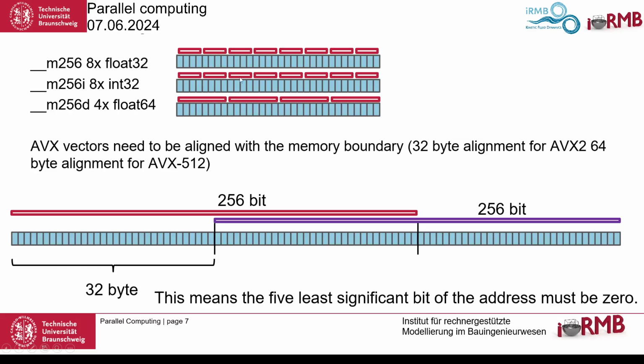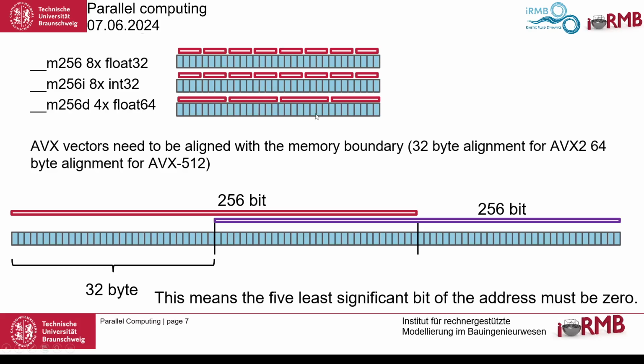These vectors, in order to be worked on, cannot start at any of these bytes, but they have to be aligned with the beginning of the memory by a factor of 32, because 256 bits are 32 bytes. I hope this is correct.